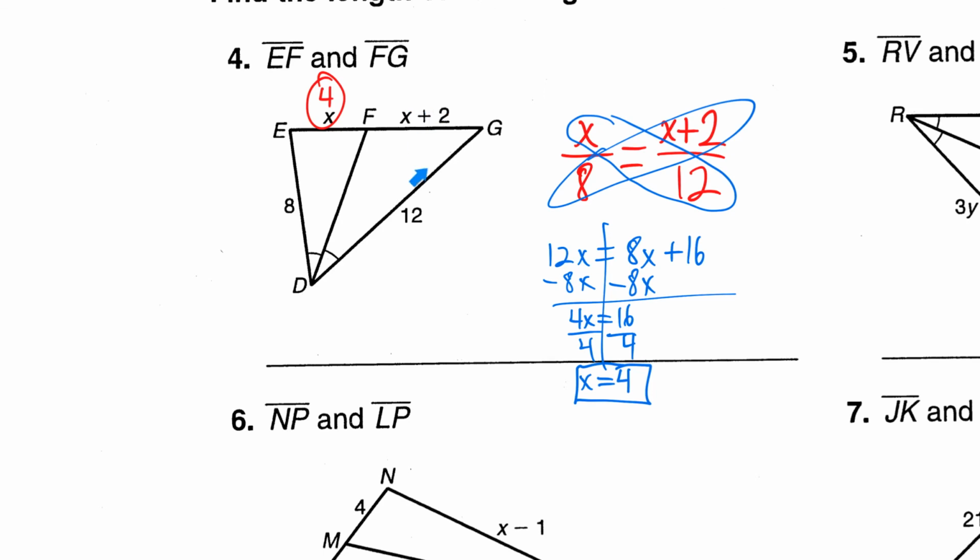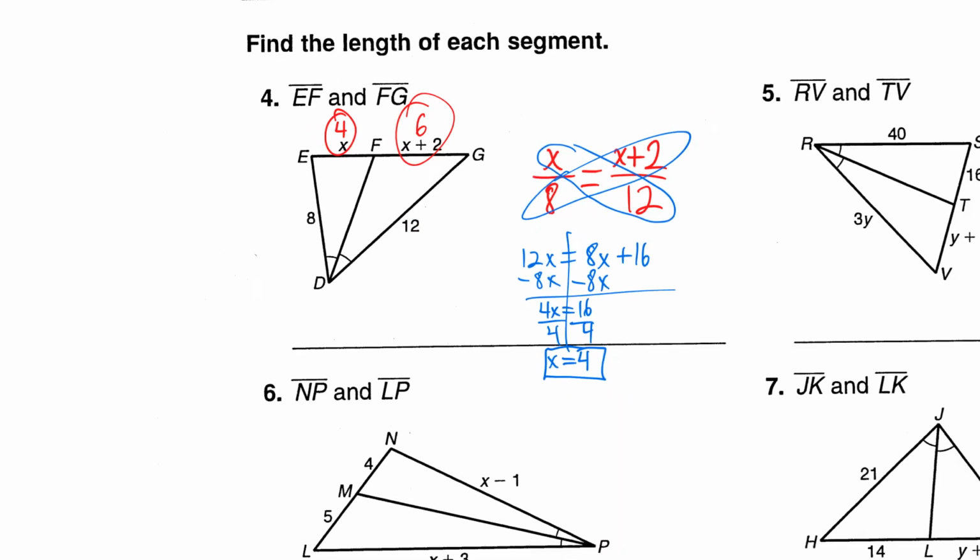So how is this number going to relate to this one? It's going to be half. So if this is 12, what should this be? 6. Okay? And if I plug in 4 here, what's 4 plus 2? 6. So is that right? That's right. That's what it needs to be. They relate to each other in the same way. This is half of this. This is half of this. So that looks good.